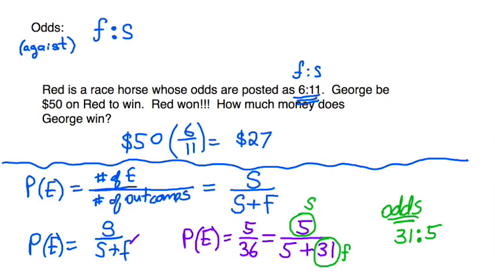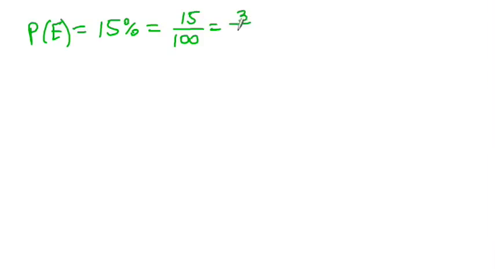So what happens if the probability of an event is a percent? It's really not hard to work with. Let's say the probability of an event is 15%. The first thing you need to do is make it a fraction. So this really means 15 out of 100. If you want, you can reduce. 5 goes into both of them, so this is 3 out of 20. Make the numbers smaller, easier to work with. And then all you need to do is write the 3 on the top, copy it down in the bottom, and say what's left over. Well, that would be 17.